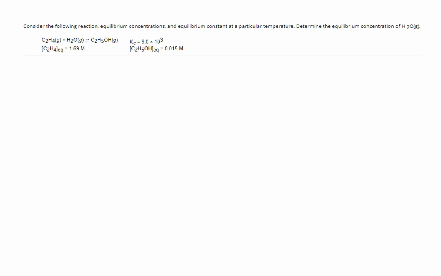In this case, the reaction is highly favored because the equilibrium constant is large. The equilibrium constant is 9.0 times 10 to the third, or 9,000. And we have equilibrium concentrations for the ethane, the C2H4, and for the ethanol, the C2H5OH. And what we want is the equilibrium concentration for the water vapor. So let's go ahead and set this one up.